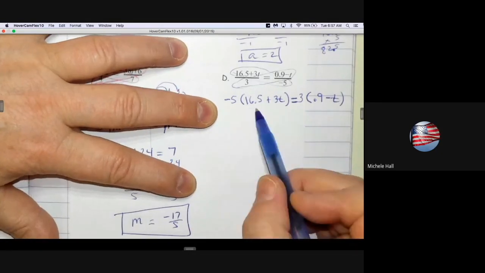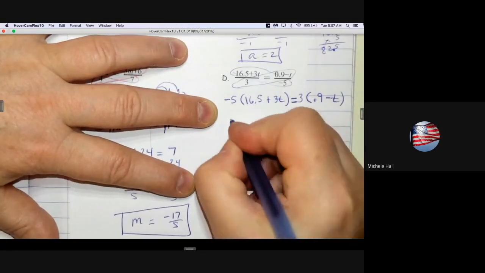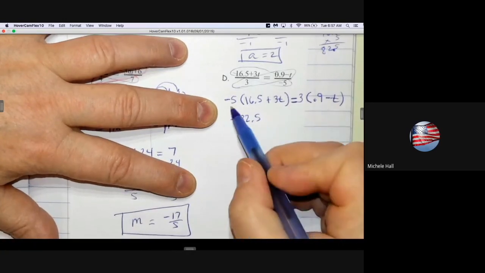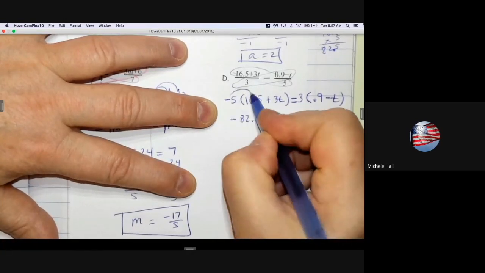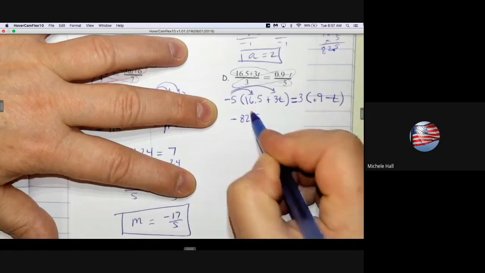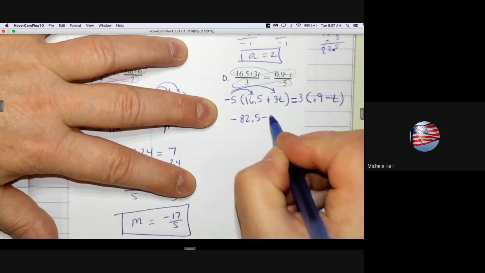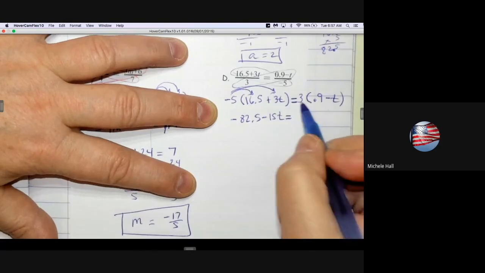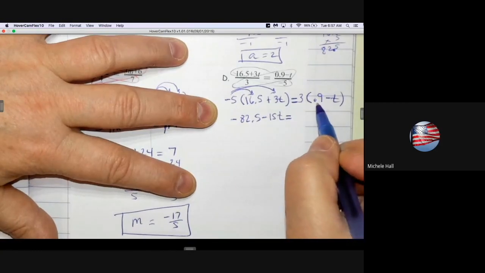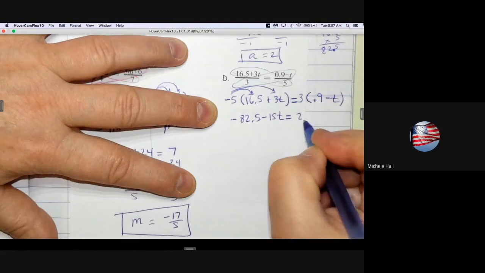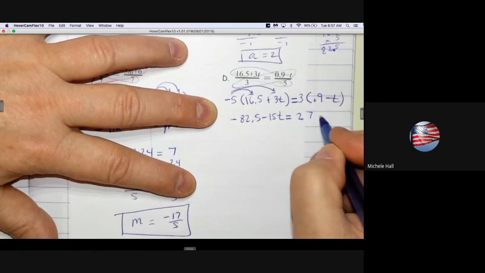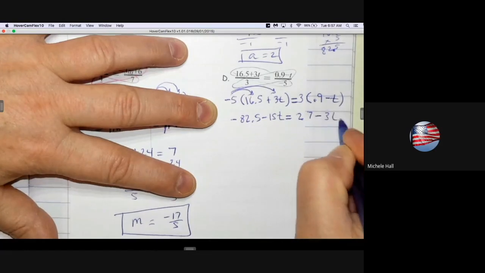So negative 5 times 16.5 is going to be negative 82.5. Negative 5 times 3t is negative 15t equals 3 times 9/10 is 27 with one decimal place, so 2.7, and 3 times negative t would be negative 3t.